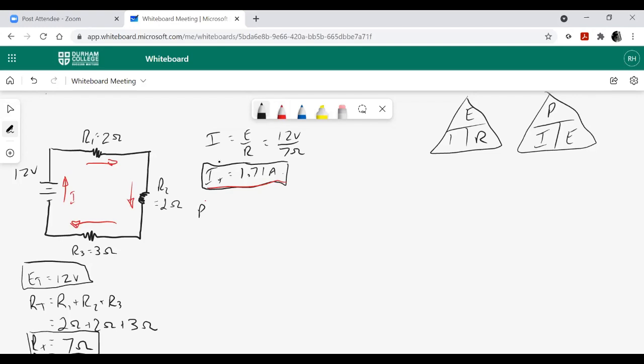My last total value is going to be power. The formula is P equals IE.